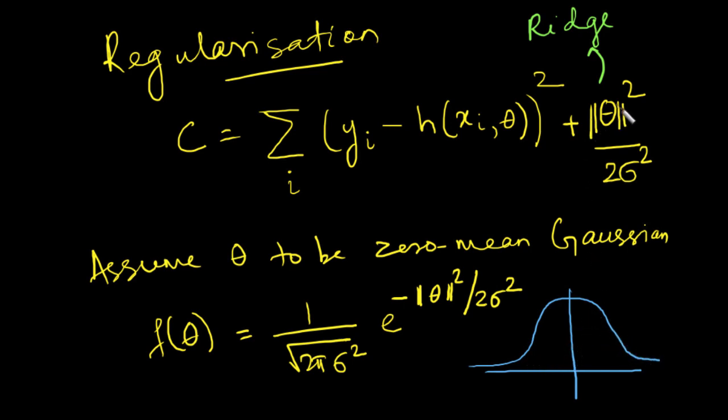So this cost function now penalizes high values for θ because we are trying to minimize this regularized cost function.